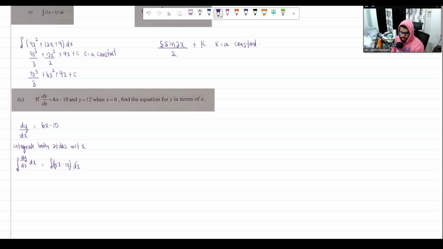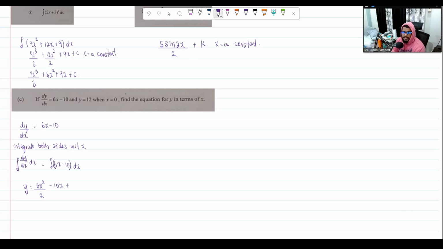When I integrate dy/dx, I get back y. So I'm going to have y is equal to 6x² over 2 minus 10x plus, just to mix it up, k.